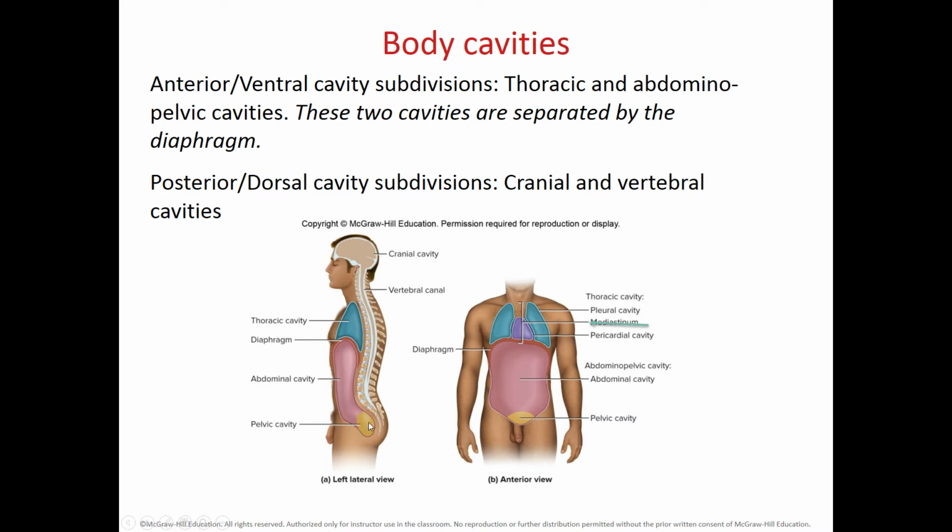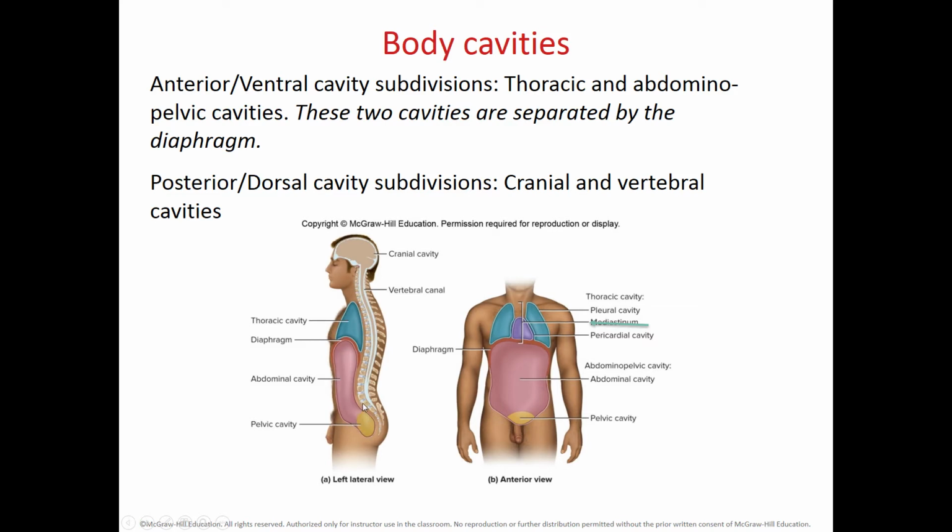And then the pelvic cavity here, within the abdominal pelvic cavity, is this cavity that is found below a structure that we call the anterior superior iliac spine and the sacral promontory in one bone that we have here within our spinal column that we call the sacrum. And you can see it here in yellow, the pelvic cavity.